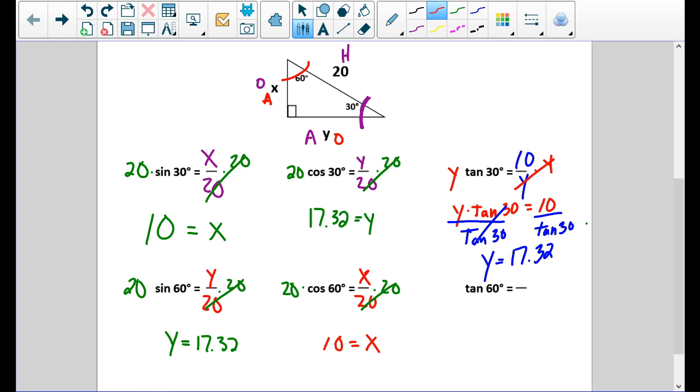And then tangent is opposite over adjacent. Looking at my 60, opposite is y. Adjacent is 10.